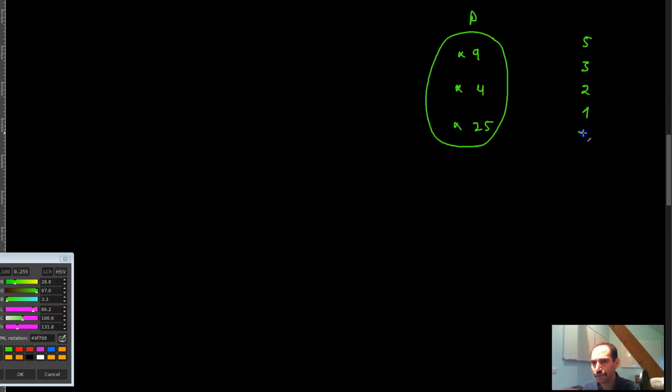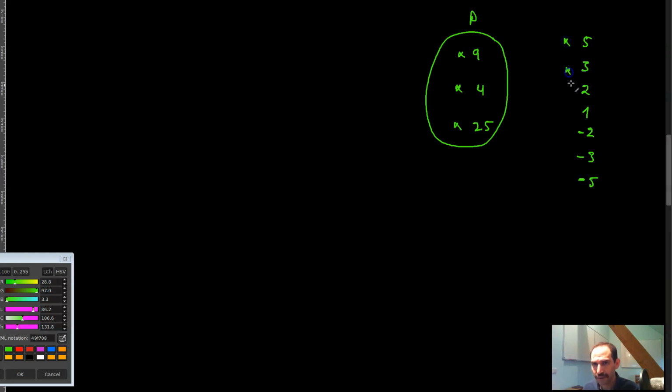So we have these elements 9 and 4, and we have also 25, and this set is called P. And we have another set: 5, 3, 2, 1, -2, -3, and -5.